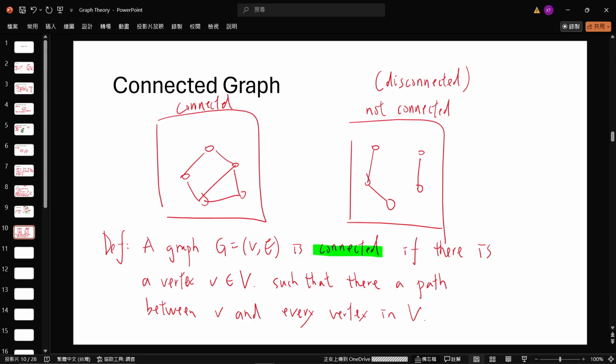All right, okay, so this is our first version, okay, of the definition for connected graph. Now let's consider like the standard definition.